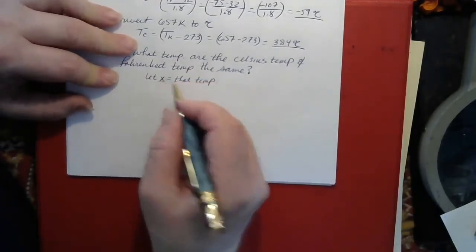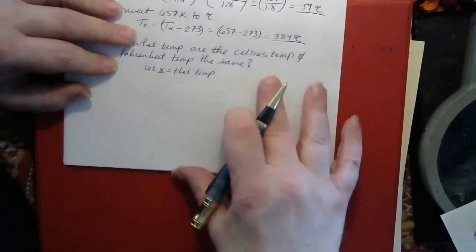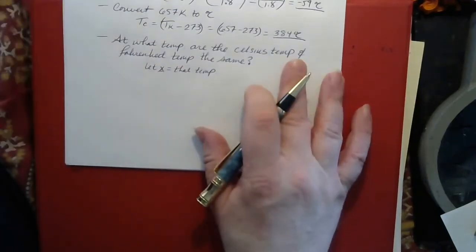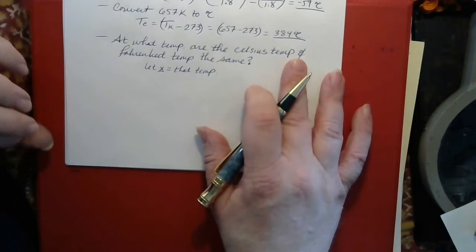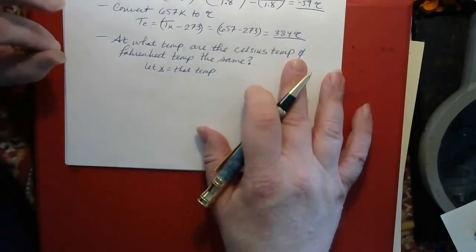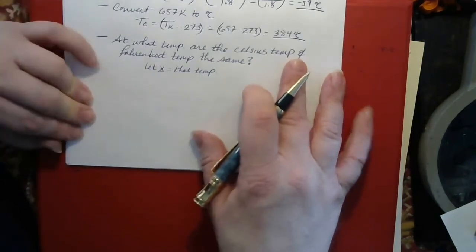So we're going to let X be that temperature. All we have to do is put X into the formula for converting Fahrenheit to Celsius and Celsius to Fahrenheit and make them equal to each other.